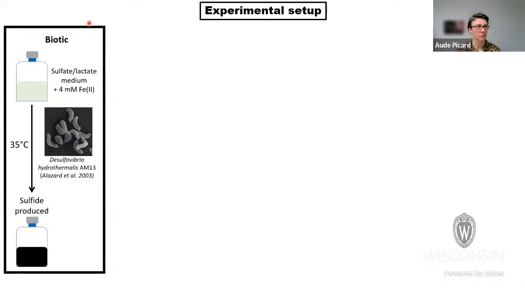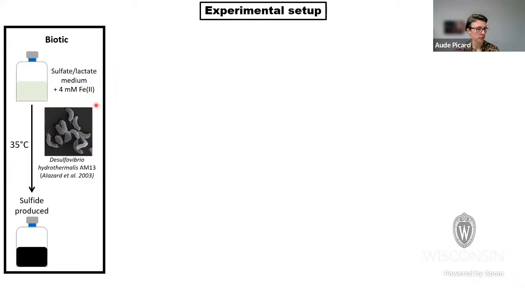So in this case, we have a medium, which is a very common medium to grow sulfur reducers. We have sulfate reduction coupled to lactate oxidation that allows the microbes to produce energy and then produce biomass. And then we grow them with iron 2.